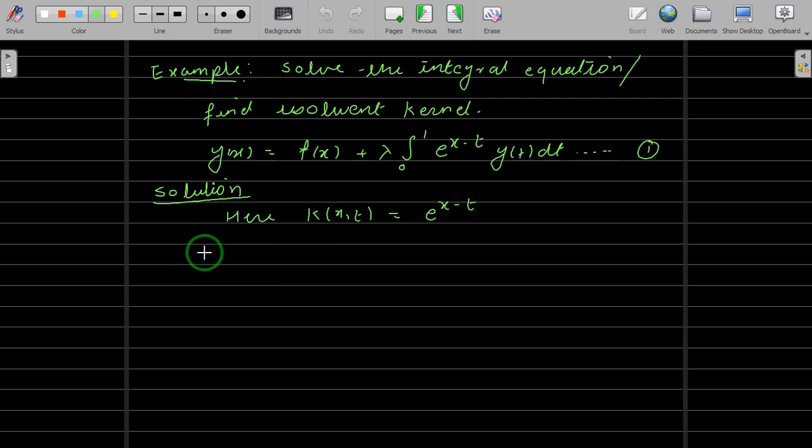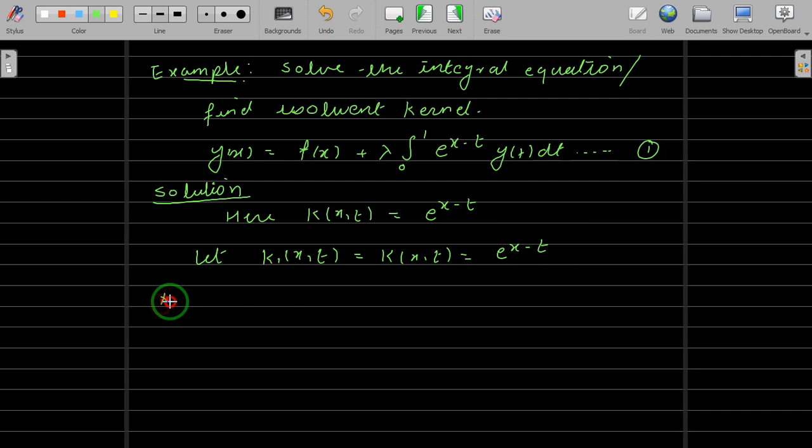So let your k1(x, t), we have taken k1 as k, so k1 is the same as k(x, t), and that we have here as e raised to x minus t.